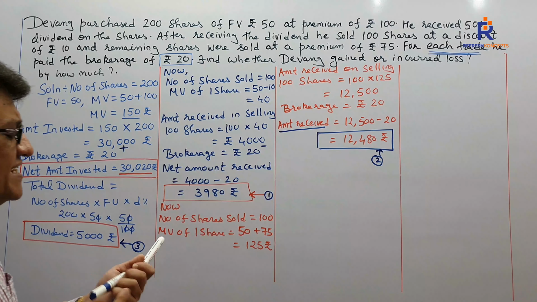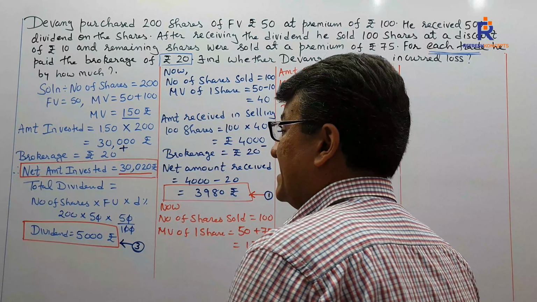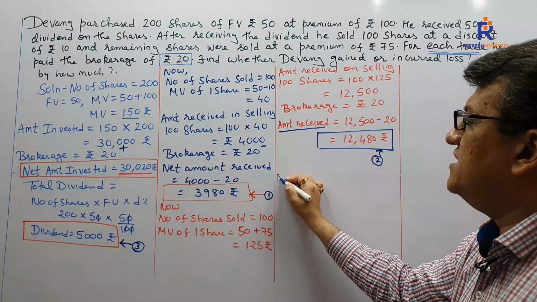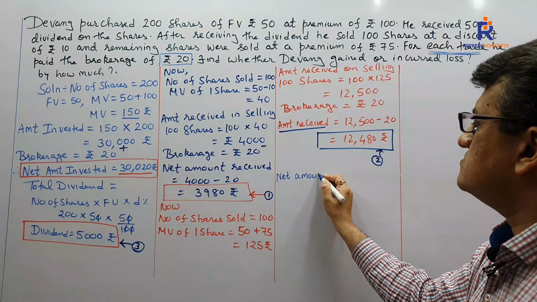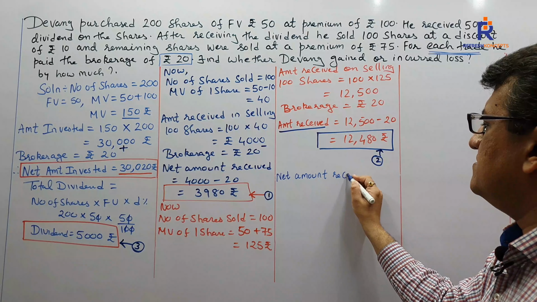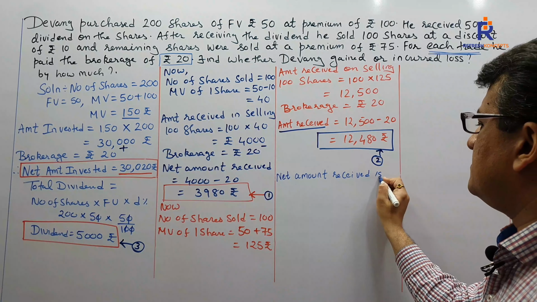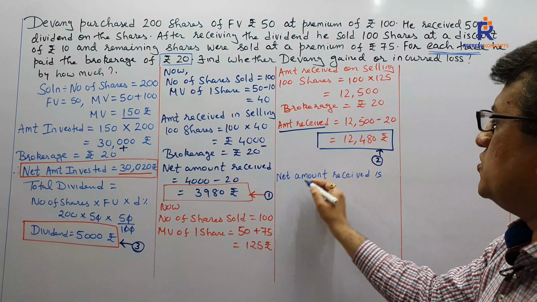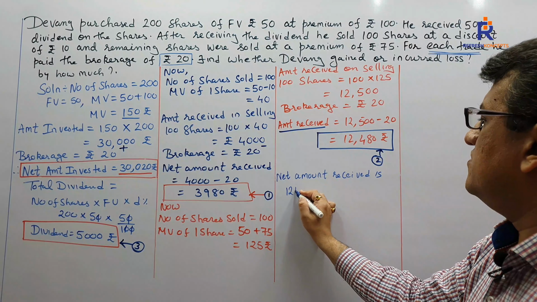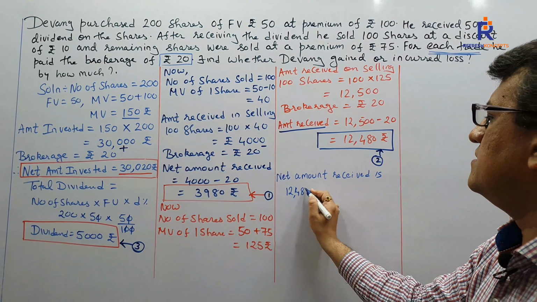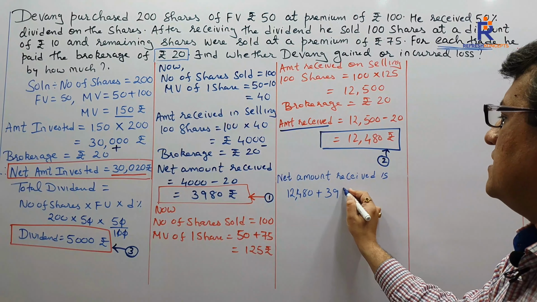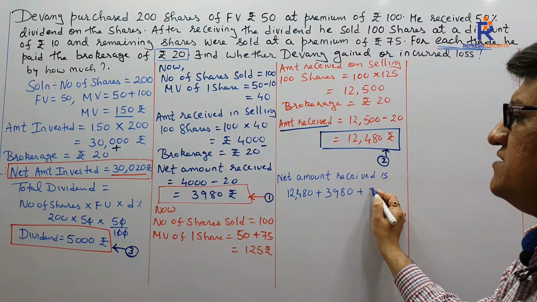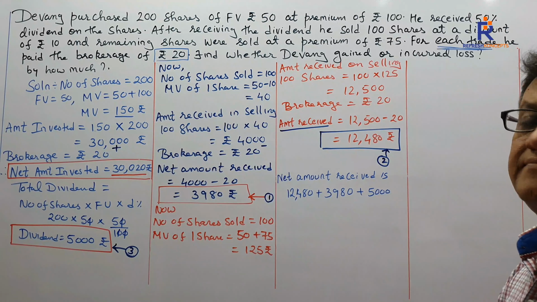So the net amount received is 12,480 plus 3,980 plus 5,000, that is 1, 2 and 3.